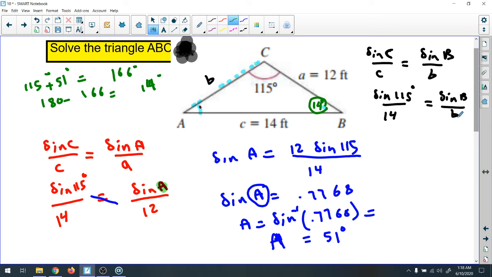So now we're going to substitute 14 for angle B, and we're going to cross multiply to find b. So how do we cross multiply? As you see here, we cross multiply diagonally: 14 times sine 14 divided by sine of 115.